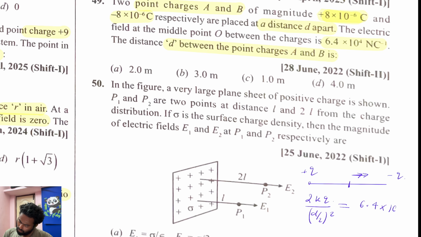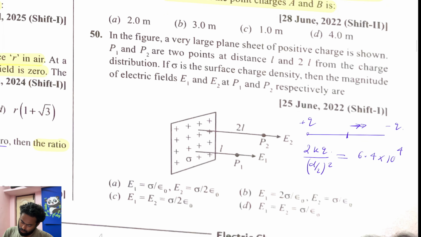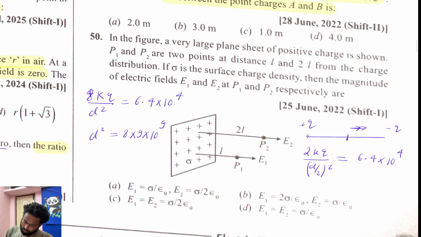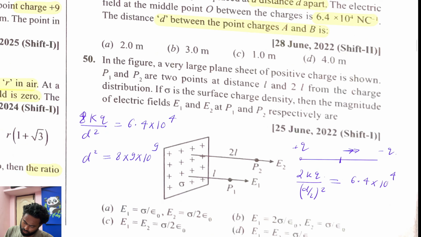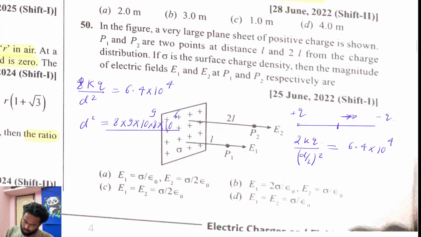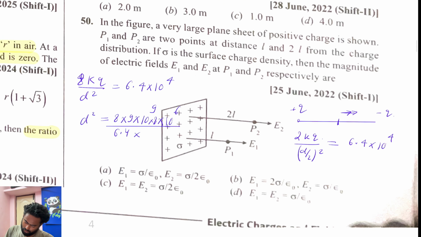That equals 6.4 into 10 to the power 4. So from here we get 8kq upon d square equals 6.4 into 10 to the power 4. So what will be the value of d square? It is 8 into 9 into 10 to the power 9 into the charge 8 into 10 to the power minus 6, upon 6.4 into 10 to the power 4.